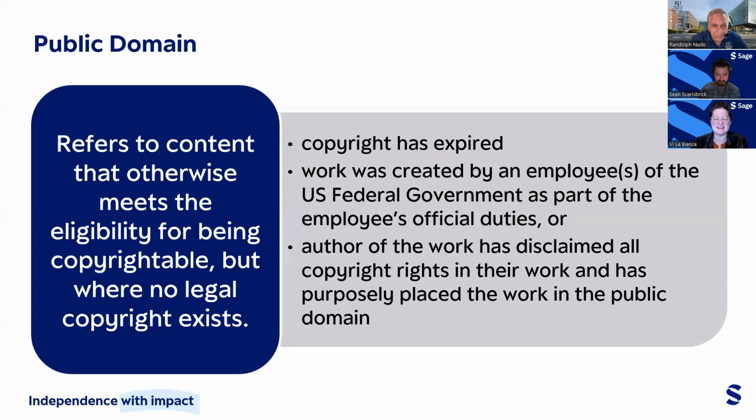The copyright has expired. To determine whether a work is in the public domain under this scenario, for US published works, a good first step is to review the publication date of the work and determine the length of copyright at the time the work was published.